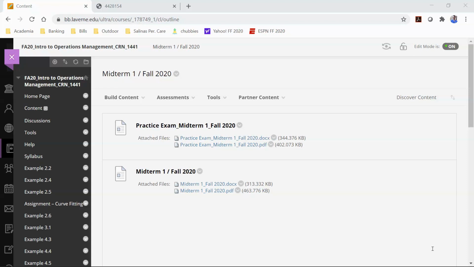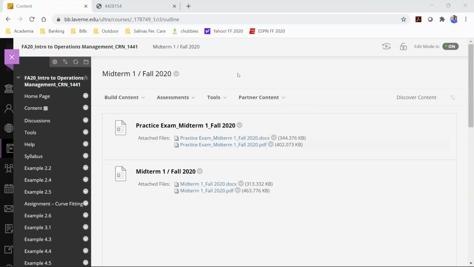I tried to open the midterm right now, and it said that Word experienced an error trying to open the file. Let's check the file permissions. I'll try the PDF. So are you doing it on your phone? On my laptop. On your laptop?